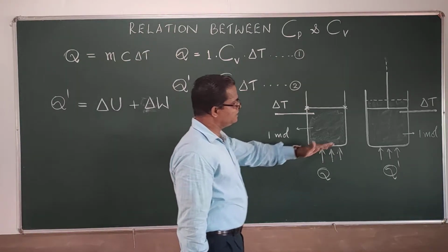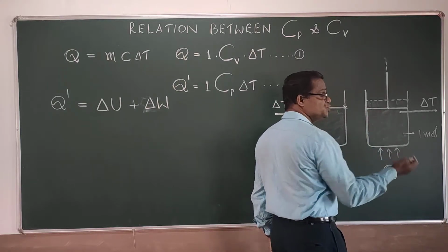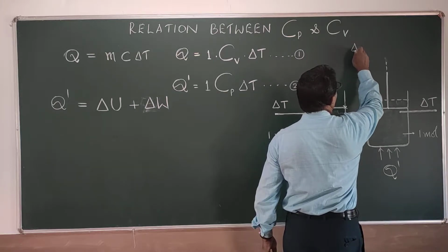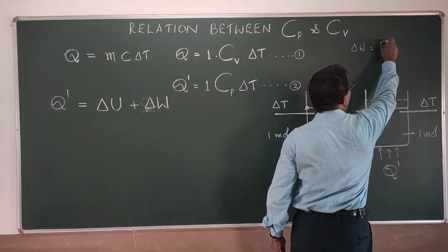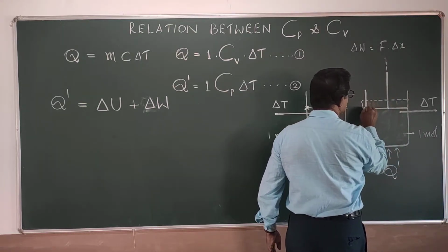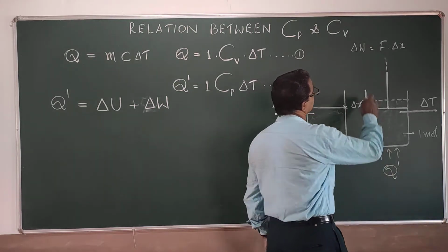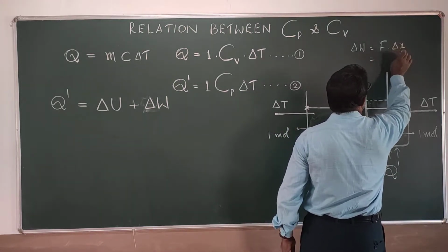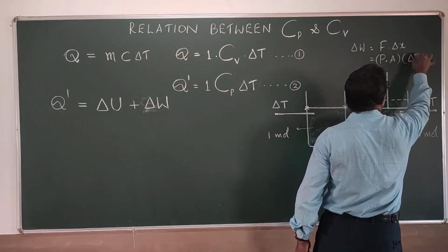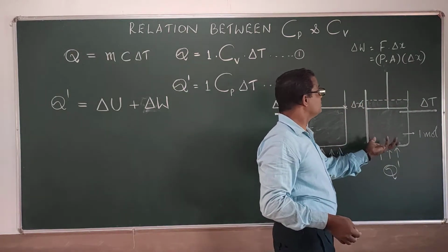Now, work done in this process will be by the force due to the pressure of the gas, and therefore the work done delta W will be equal to force into delta X, where this is delta X, the movement. The force F will be equal to pressure into area, P into A, where P is the pressure exerted.